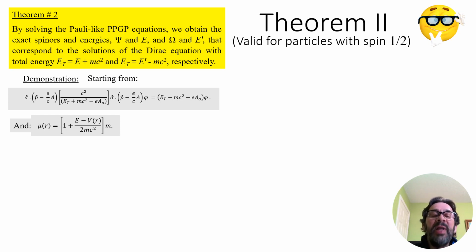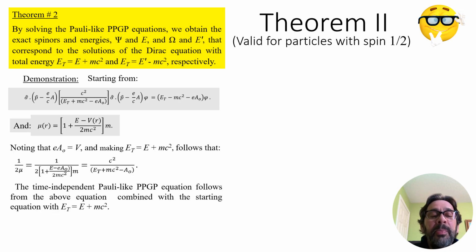Demonstration. Starting from this equation, which is one of the two decoupled equations that I obtained before, and making the relativistic effective mass of the particle in this state equal to this expression, noting that E times E0 is the potential, and making the total energy equal to E plus mc², it follows that 1/2 times mu is given by the expression shown here, which is what is in the equation at the top, on the left side of the equation.